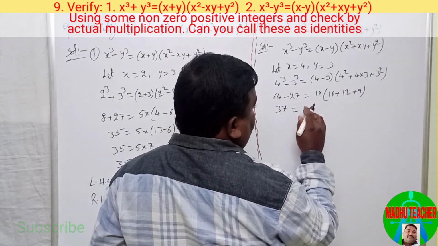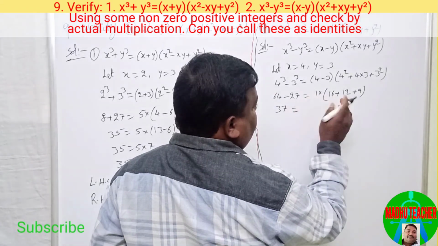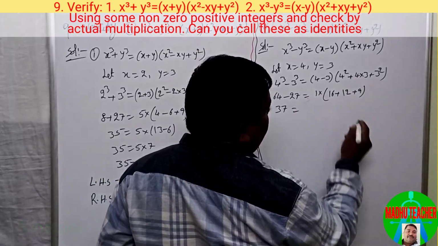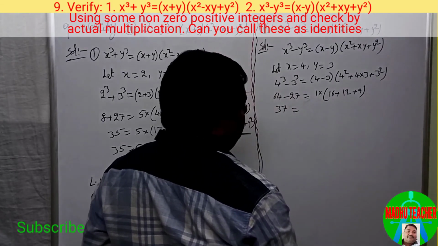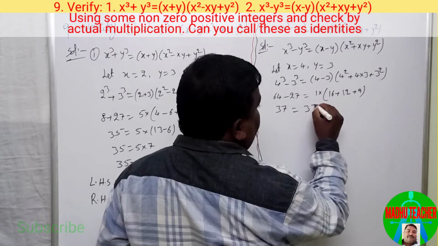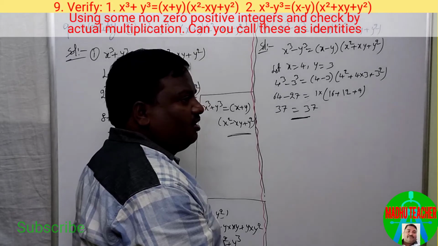That equals 1 into something is something, that is 16 plus 12, 28, 28 plus 9, 37. Therefore LHS equal to RHS.